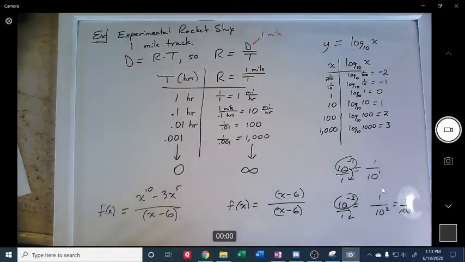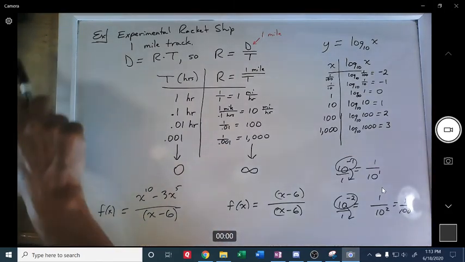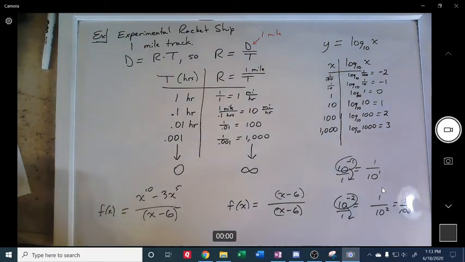Now, if we take all of these and graph this, so let me screenshot, stick this in.